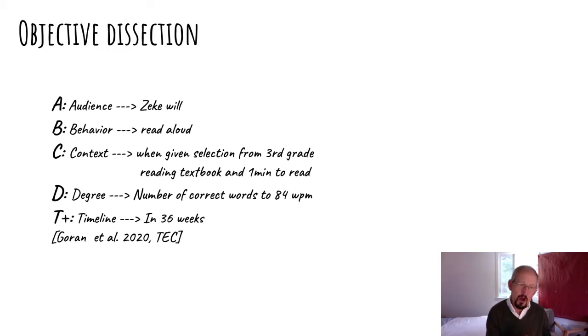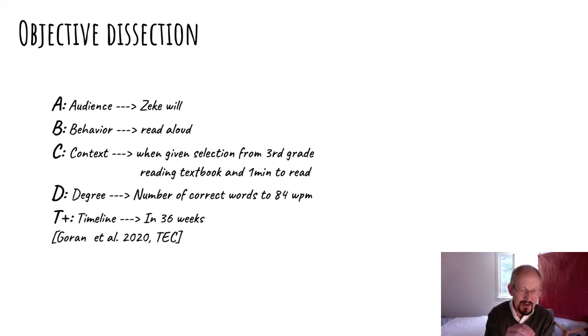That builds on earlier work that suggests that you have kind of an ABCD approach along with T+, which is timeline. In other words, A is who's the audience, and that would be an example of Zeke will. Okay. B is the behavior. What will Zeke do? Zeke will read aloud. C, context. Zeke will read aloud when given selection from 3rd grade reading textbook and 1 minute to read.